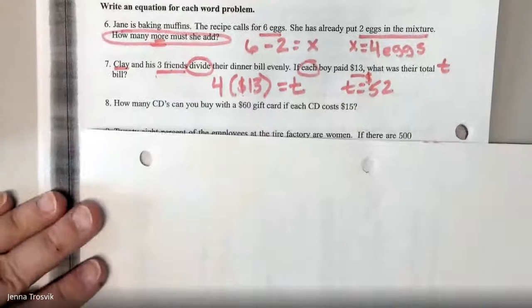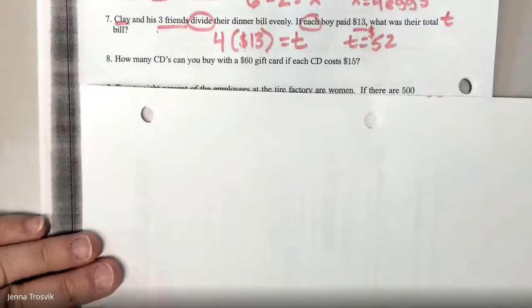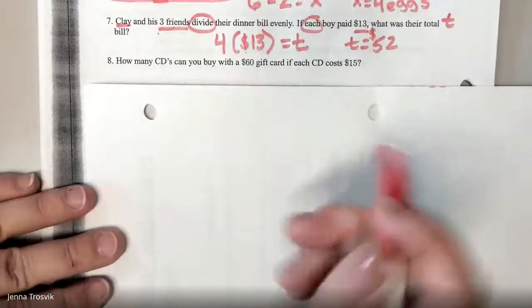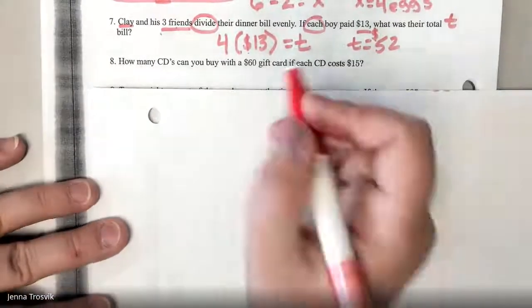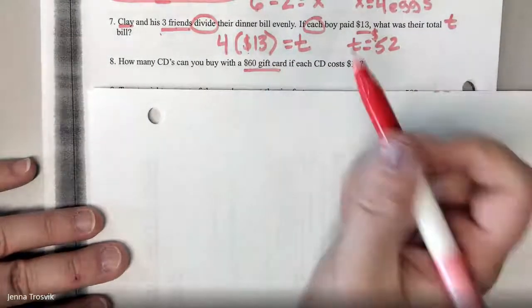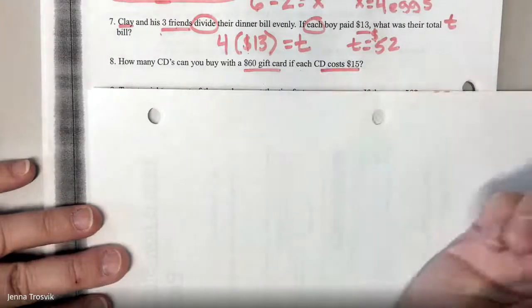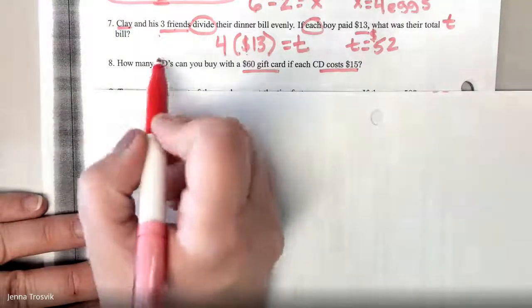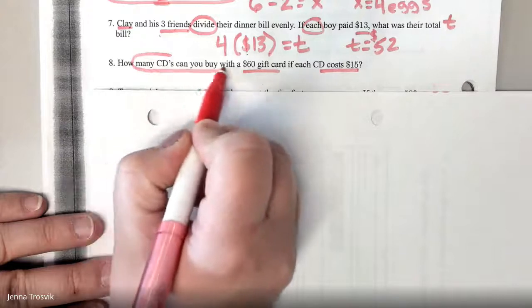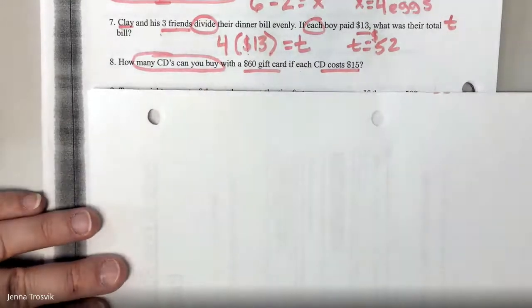Okay. How many CDs can you buy with a $60 gift card if each CD costs $15? So this time we know how much money we have. We know how much each CD costs. We want to know how many CDs we can buy. So how many can we buy?